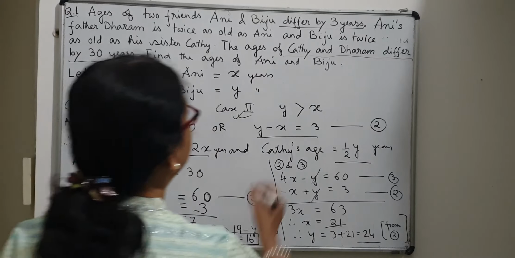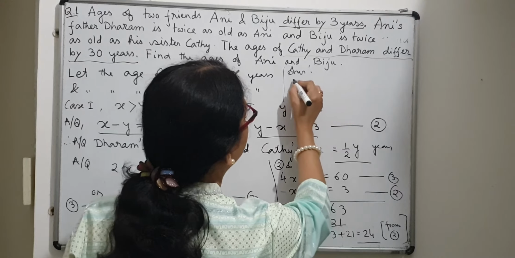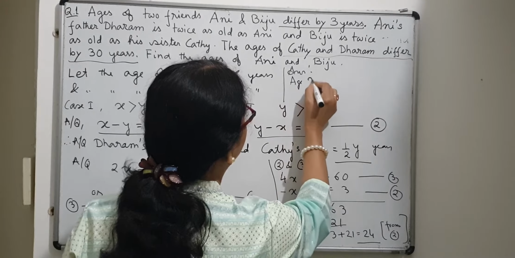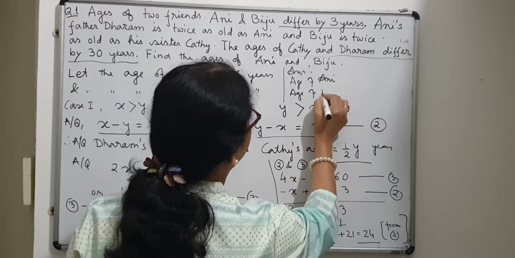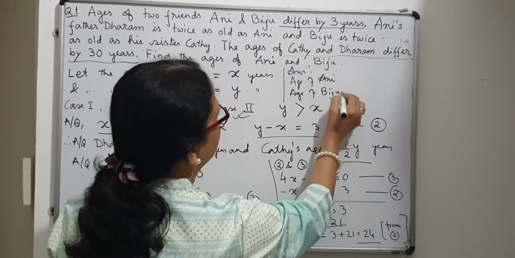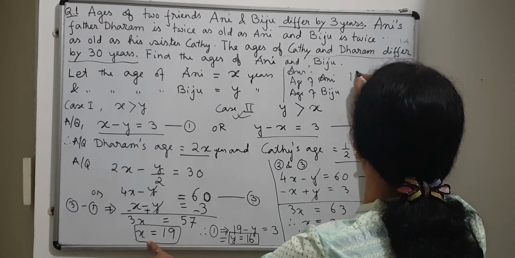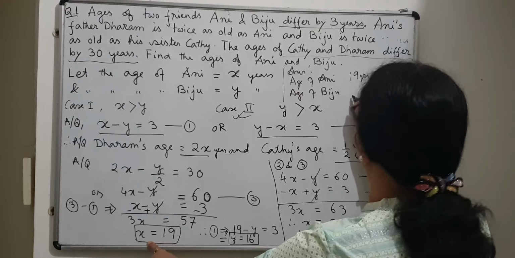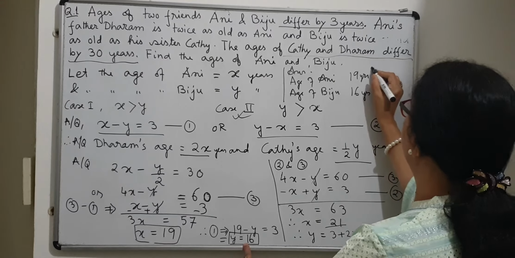So when I write the answer, age of Annie and age of Biju, these were asked to find. So two cases. In the first case, age of Annie is 19 years and then Biju is 16 years. This is one set.